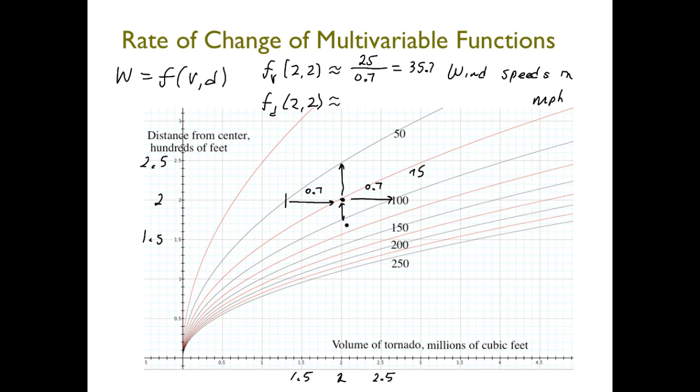This is half of a half, and this is a whole half, so something like 0.35. This is like 0.25 and 0.5.